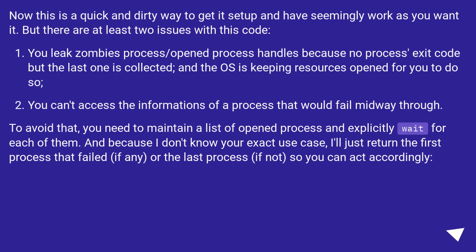You can't access the information of a process that would fail midway through. To avoid that, you need to maintain a list of open processes and explicitly wait for each of them. And because I don't know your exact use case, I'll just return the first process that failed, if any, or the last process if not, so you can act accordingly.